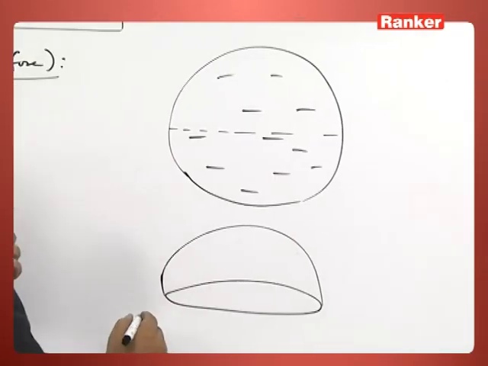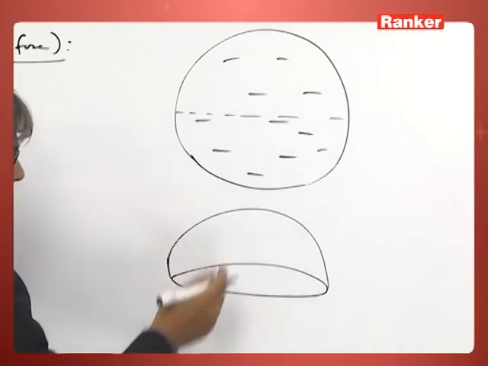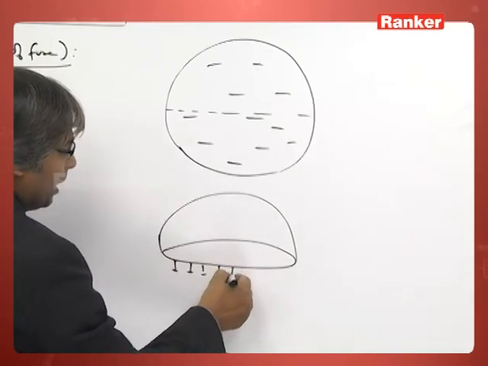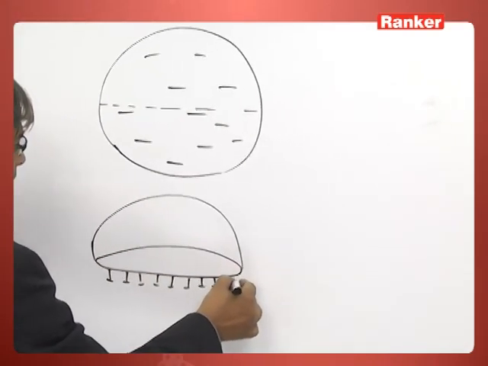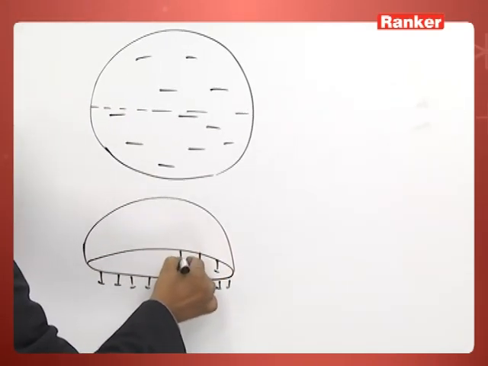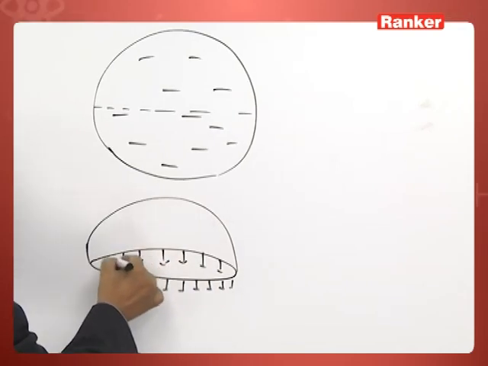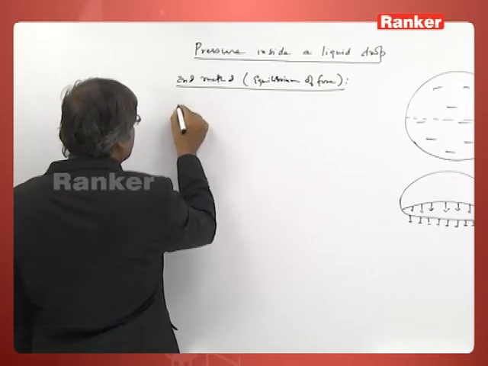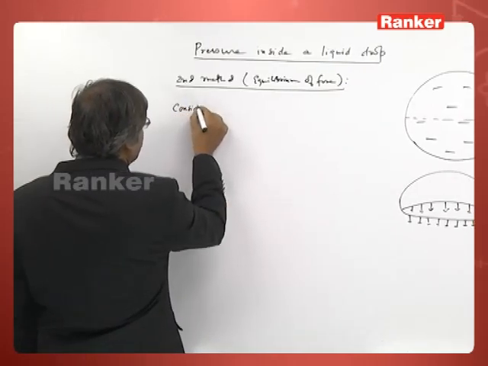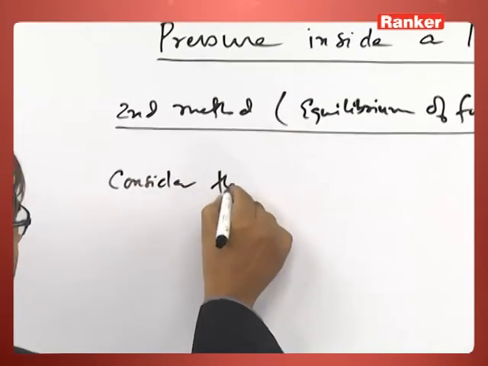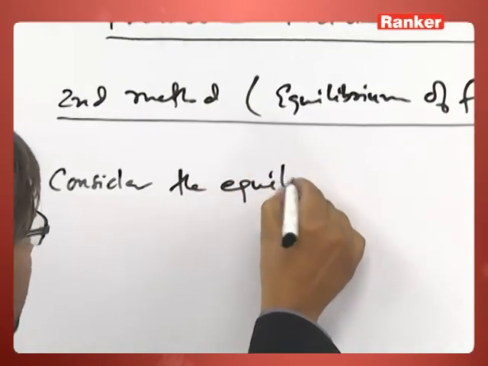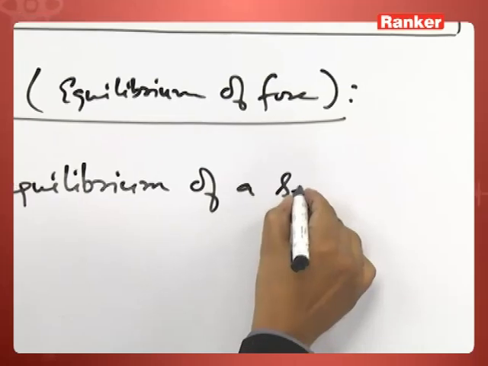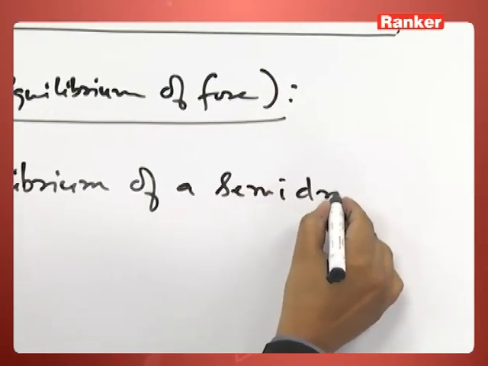This semi drop is pulled by the other half from the surface by a surface tension force. The liquid drop has only one skin. So, consider the equilibrium of a semi drop.